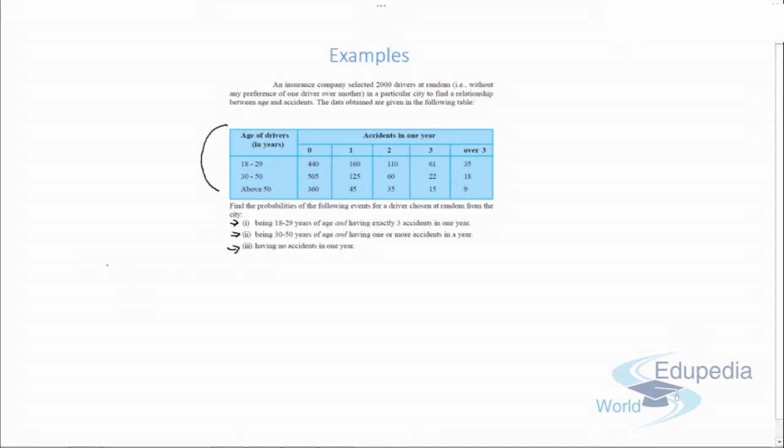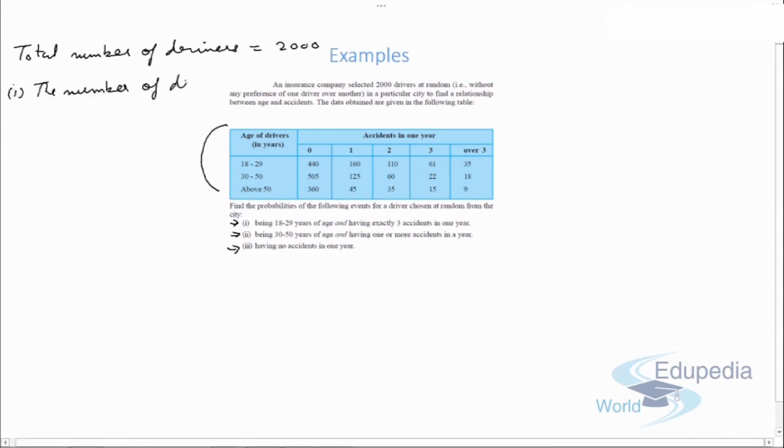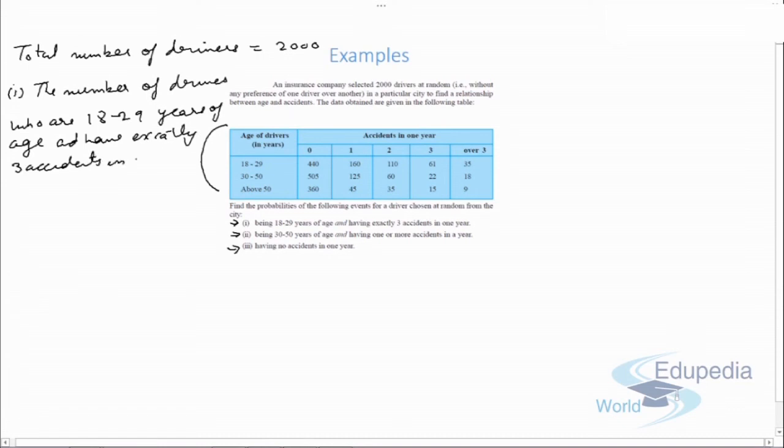First of all, the total number of drivers is 2000. For the first part, we need the number of drivers who are 18 to 29 years of age and have exactly 3 accidents in a year. If you check this part, 18 to 29 and exactly 3 accidents in a year, it comes out to be 61.